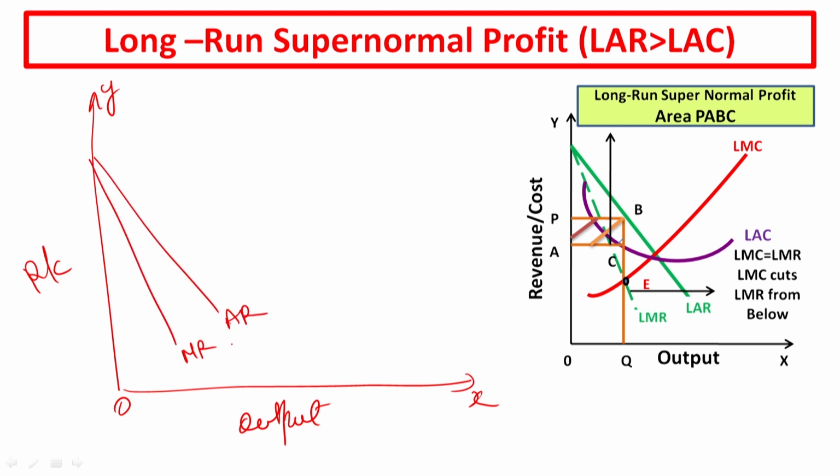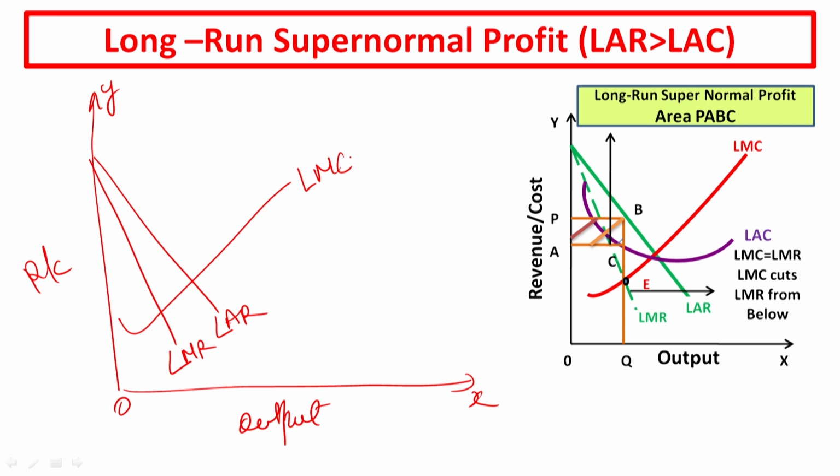Now you are in a position to understand exactly how to draw AR, MR, MC, everything. But the only difference between the short run and the long run is that in the long run you have to write long run average revenue, long run marginal revenue, long run marginal cost, because in the long run all the factors are variable.